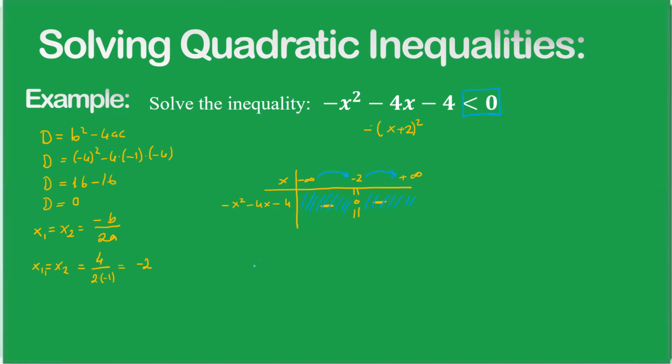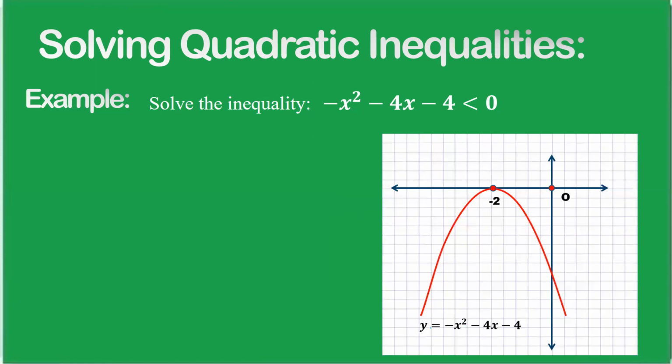So let's write x is an element of the real numbers from minus infinity to minus 2 union from minus 2 to plus infinity. Actually, you may represent this as x is an element of the real numbers, but not minus 2.